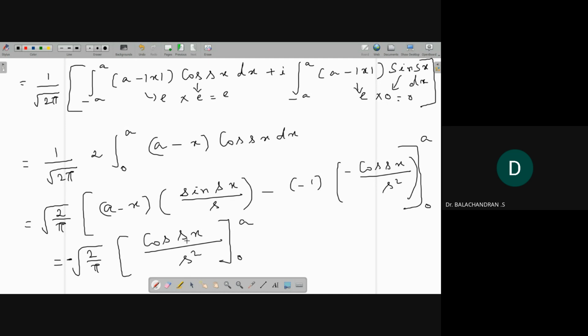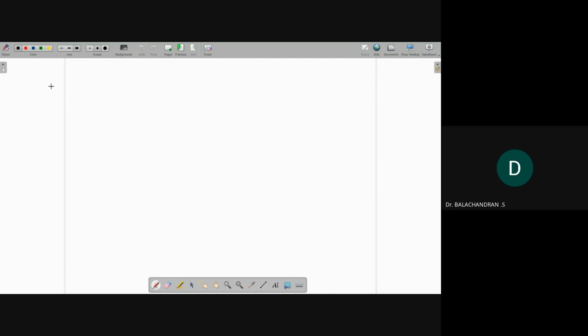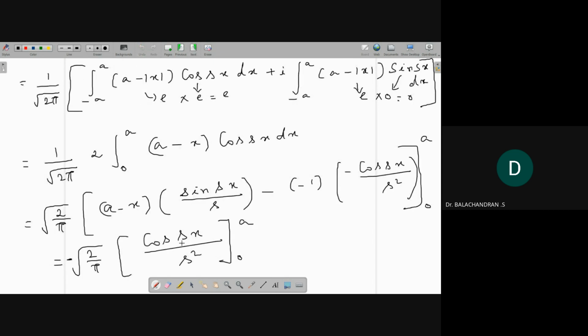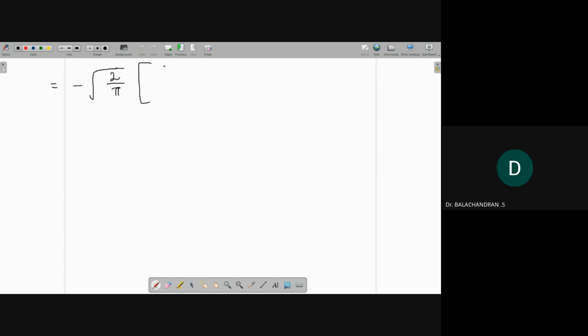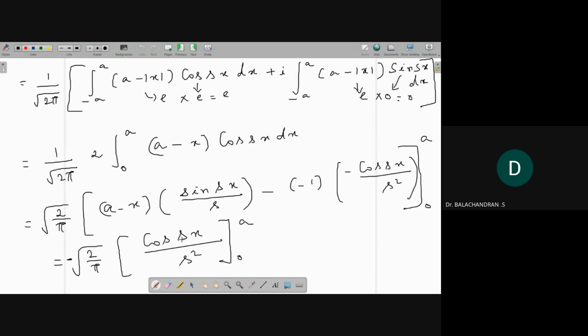Now substitute the upper limit. You will get minus root 2 by pi. What about the upper limit? Cos sa by s square minus cos 0, 1.